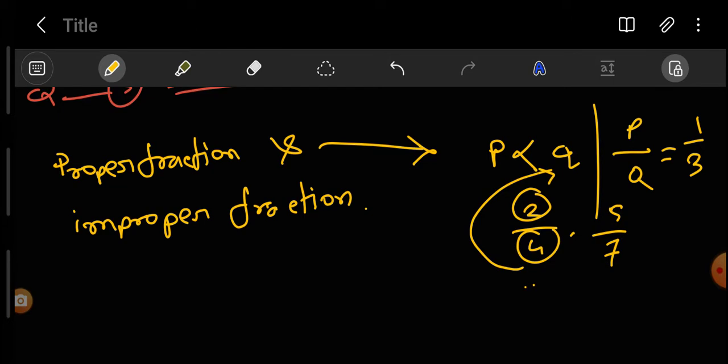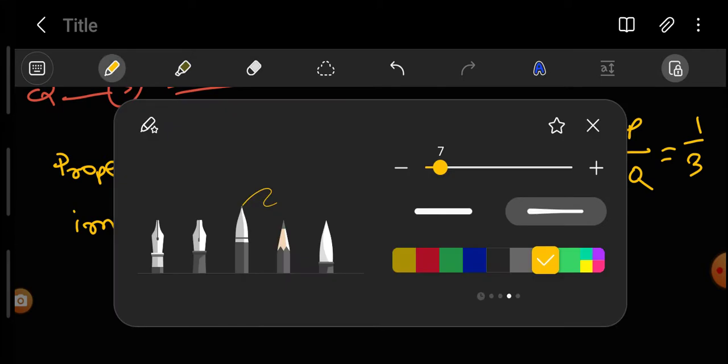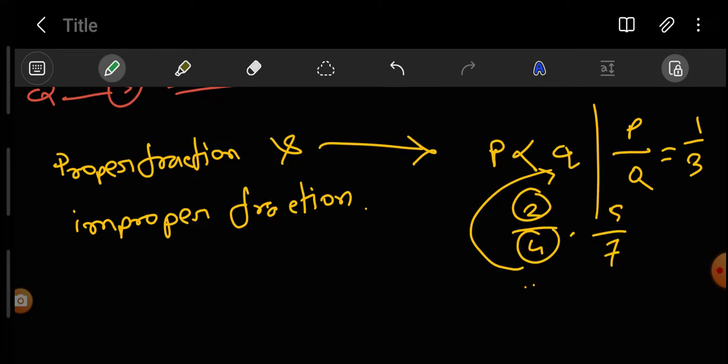In case of improper fractions, the vice versa occurs. If we write 4 by 2, then we can say that this is an improper fraction. Why? Because here P is greater than Q. Understand?